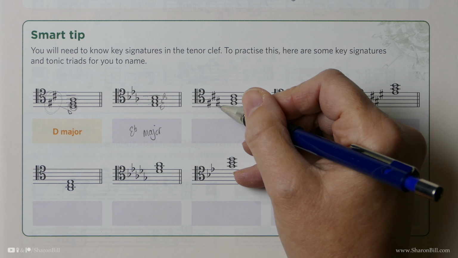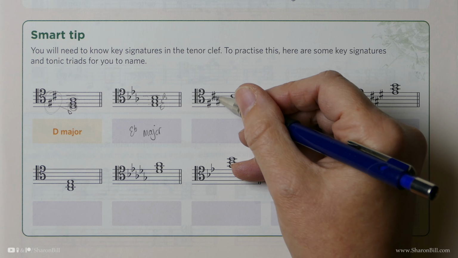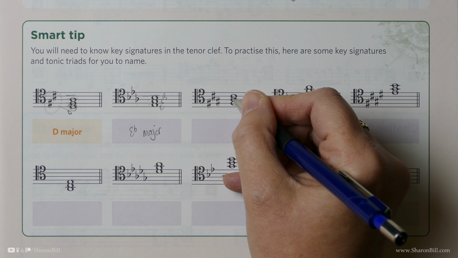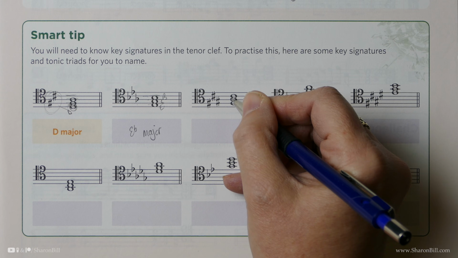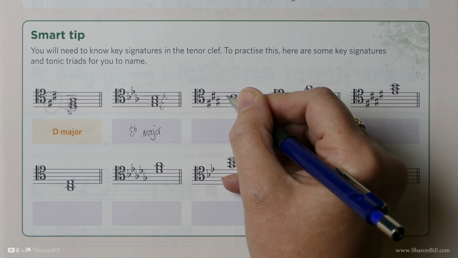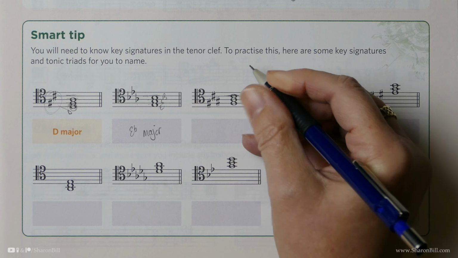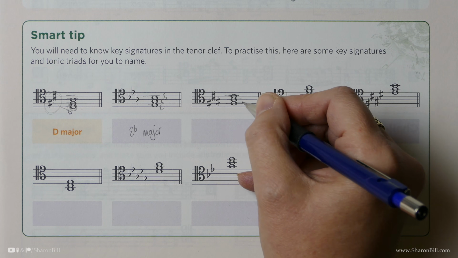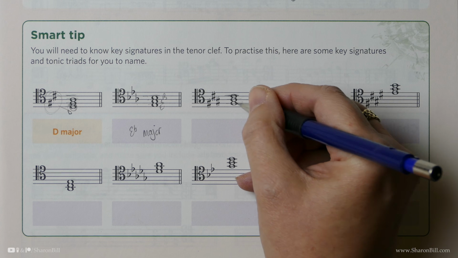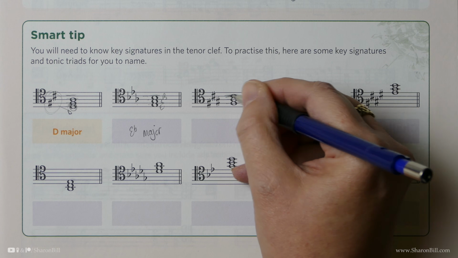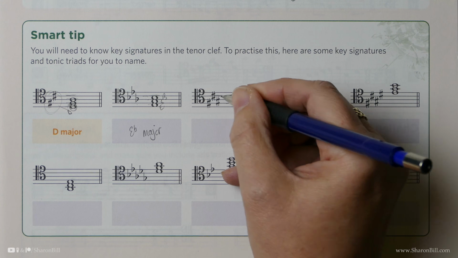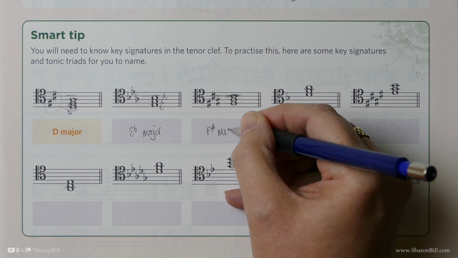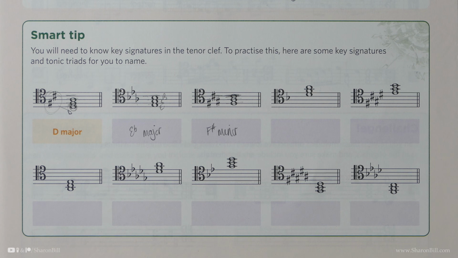So this could be A major. It could be F sharp minor. Here is our middle C. And so actually, C, B, A, G, F, it's F sharp minor, F, A, C, and we can tell that's our middle C line, so F sharp minor.